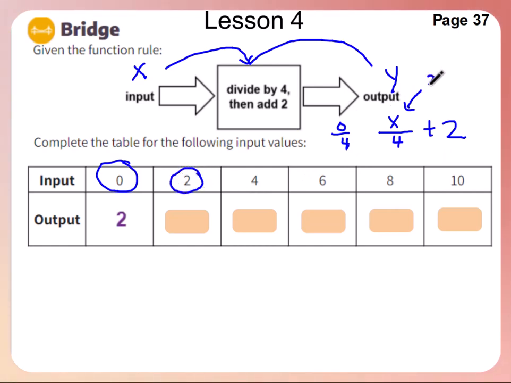We're going to plug in 2 right here. Let me go down here. 2 over 4 plus 2. Now let's simplify that fraction. Divide 2 by 2 and get 1. Divide 4 by 2 and get 2. So 2 plus 1/2 is 2 1/2. Or you can write it as 2.5.